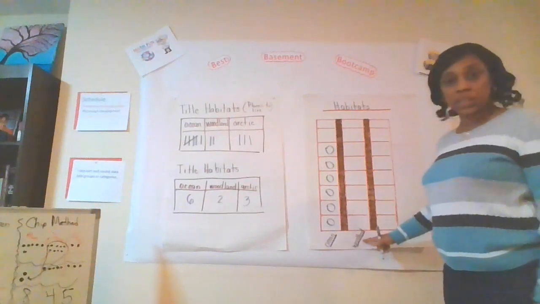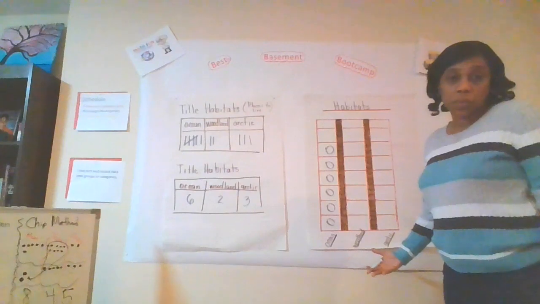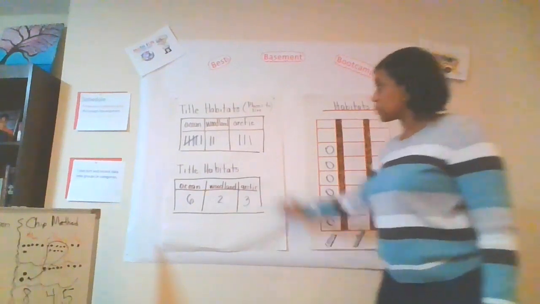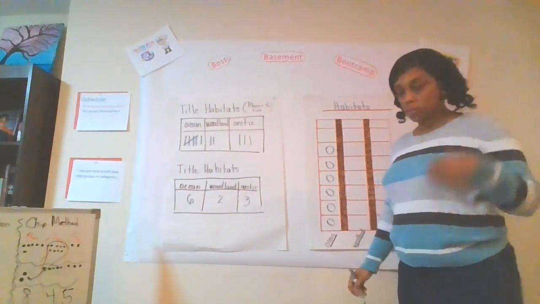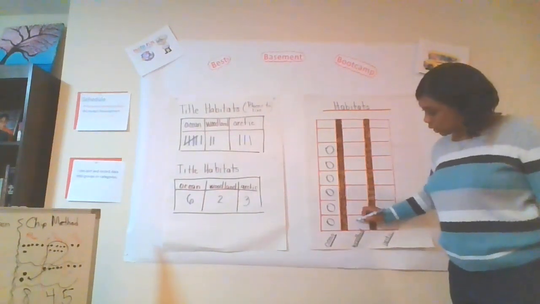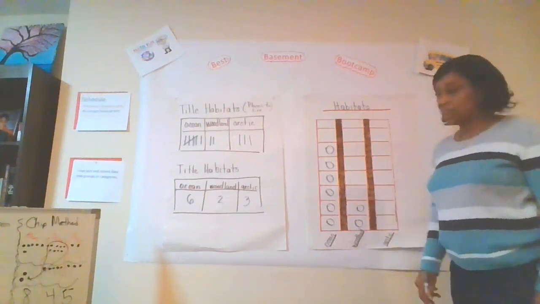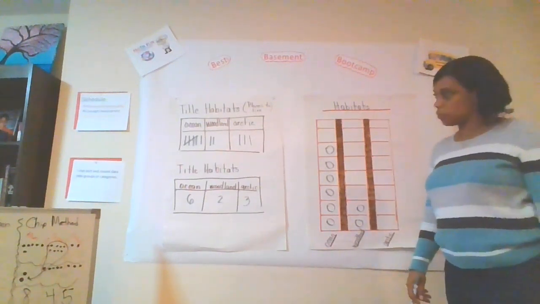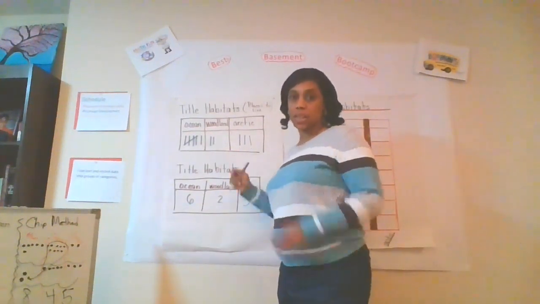Now we move to the woodland areas. Remember, we're going to draw a picture. And a quick picture that we can draw is a circle. In our woodland area, we had only 2 animals. Watch me. 1, 2. That represents the 2 animals. Next, we had the Arctic animals.